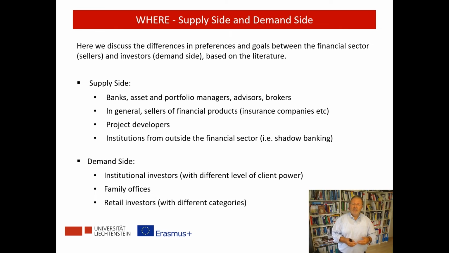The supply side are banks, asset and portfolio managers, advisors, brokers, in general, sellers of financial products, also insurance companies. There are project developers and institutions from outside the financial sector. Think about shadow banking. Demand side, institutional investors are there with different level of client power and family offices. And of course, there are also retail investors with different categories.